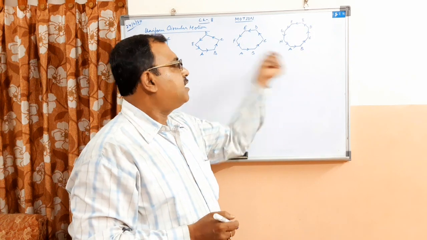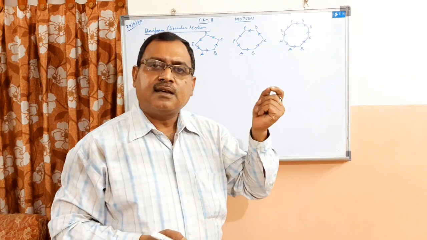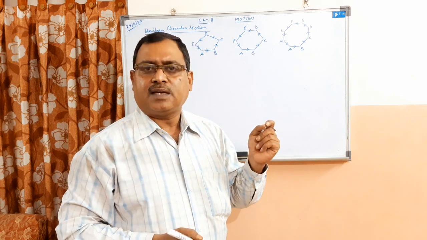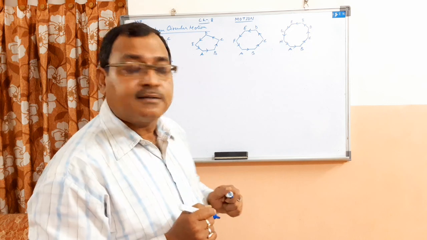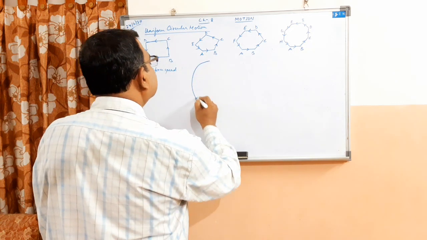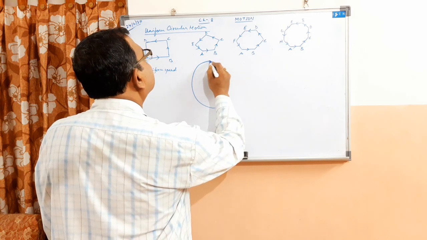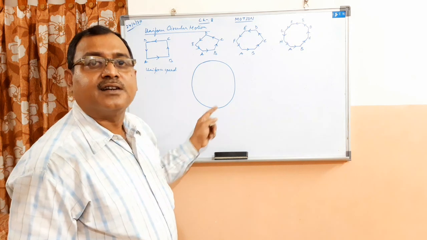So as you keep on making the length of these sides very small, infinitely small, then what type of figure will you get? You will get a circle, right?